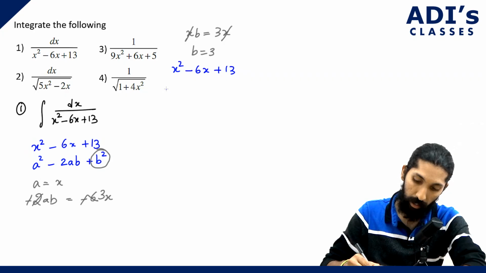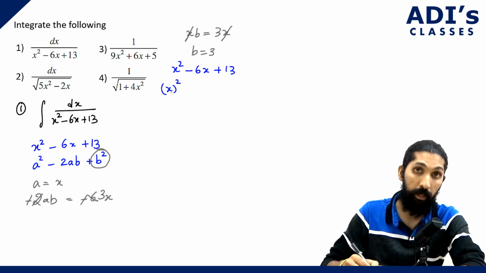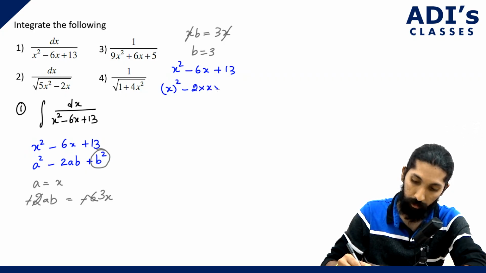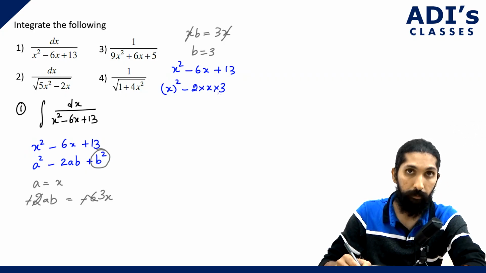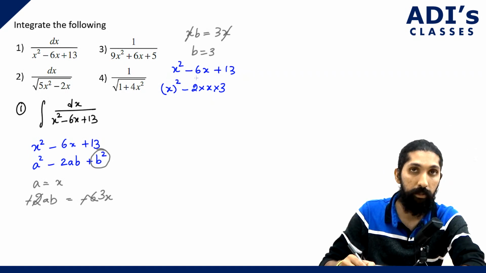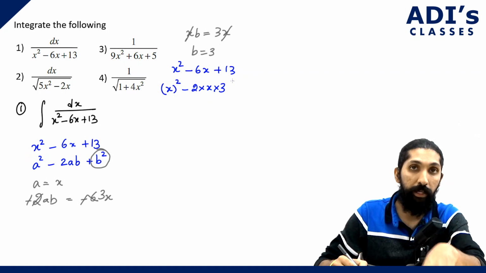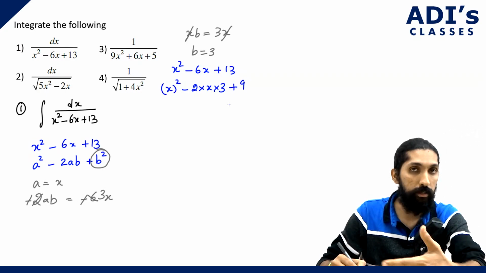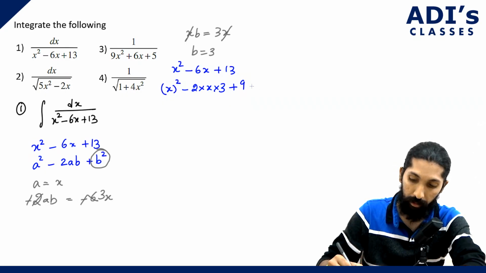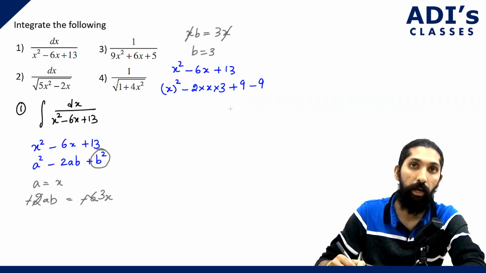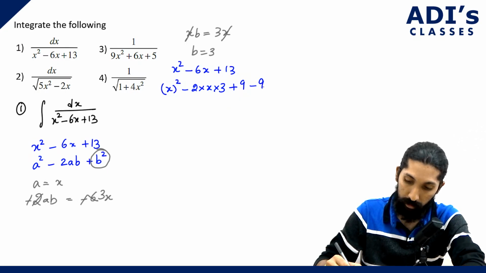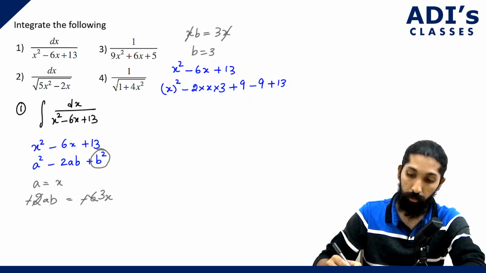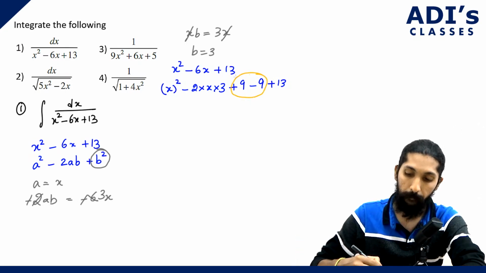We'll write this as x whole square, like a square, minus 2 into x into 3, 2ab. See, 2 into x into 3 is 6x. But we need to have a 9. So what you do, you add 9 and subtract 9. Next is plus 13.